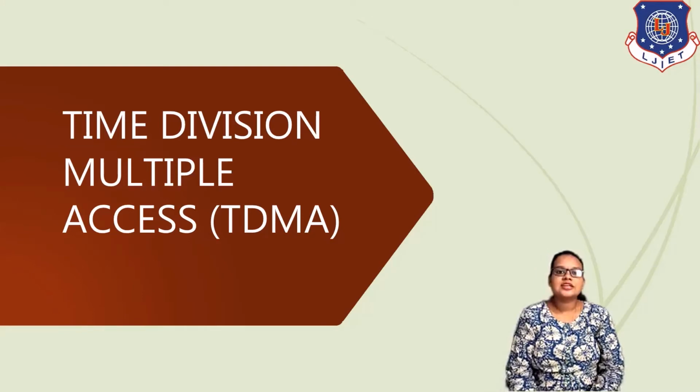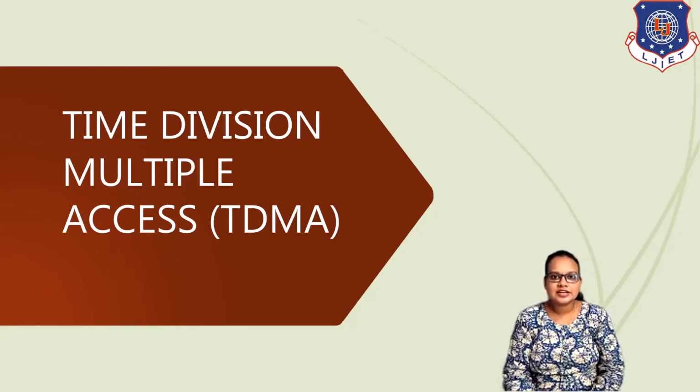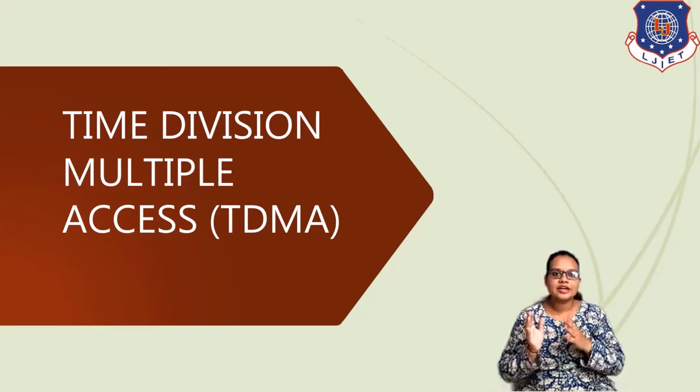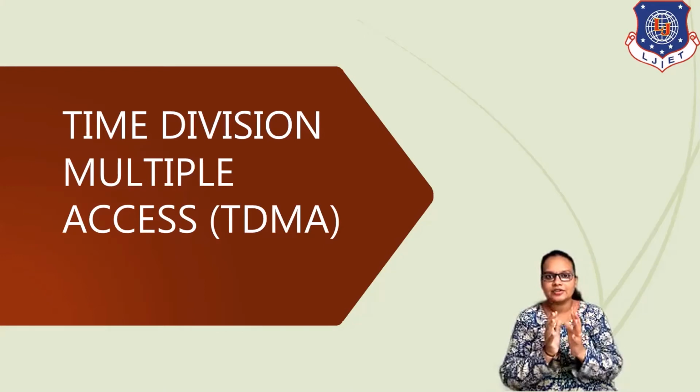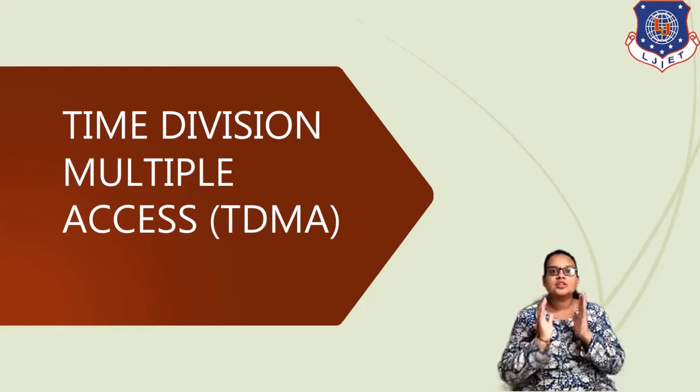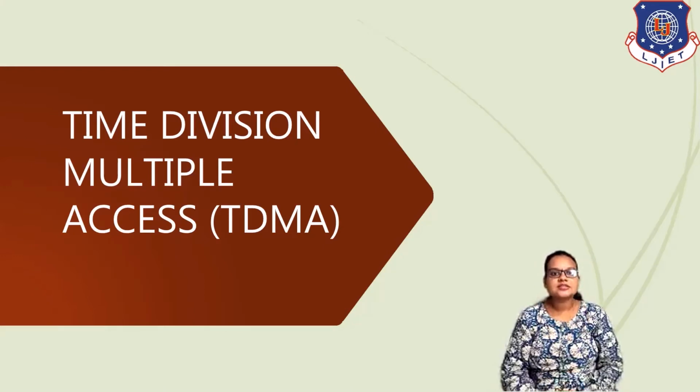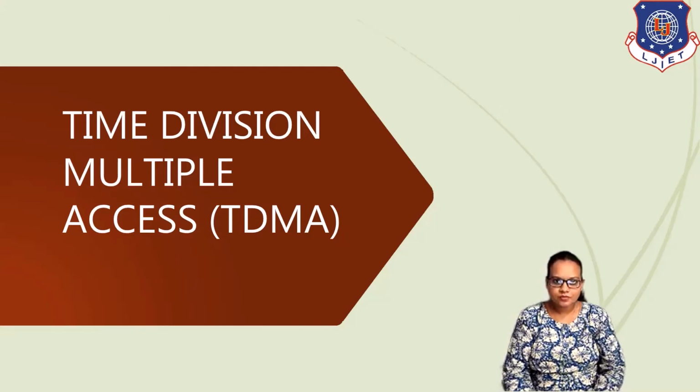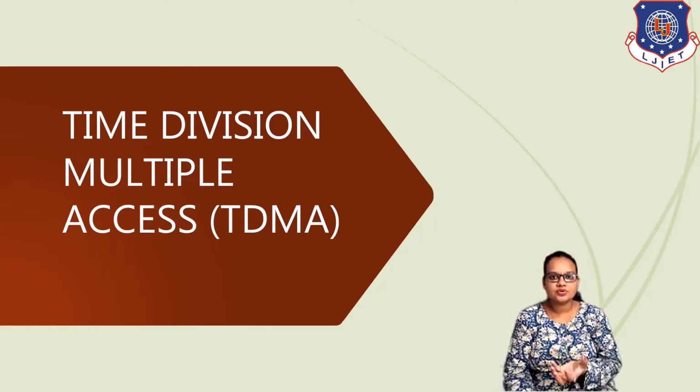In the single access TDMA system, the time slots into which the whole time is divided are given to specified users, so the number of users is limited. Whereas in the demand access system, as per the request of a user, we allocate an empty time slot to that particular user.